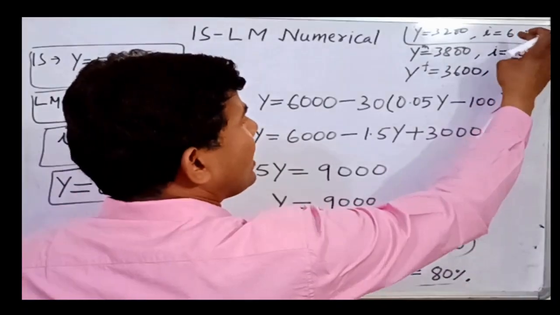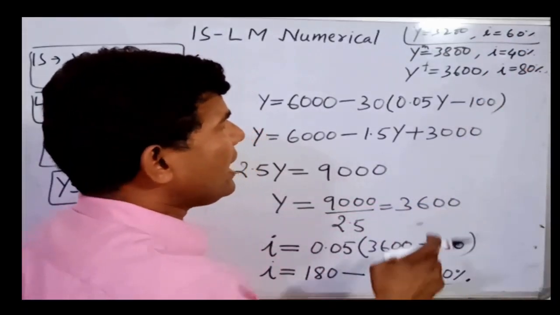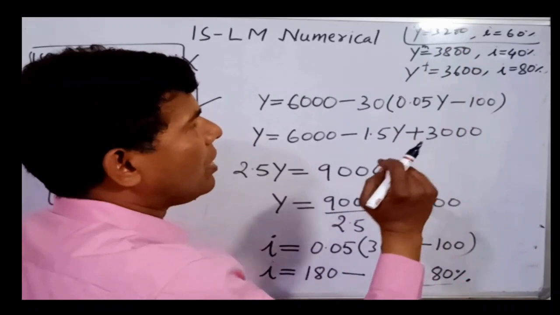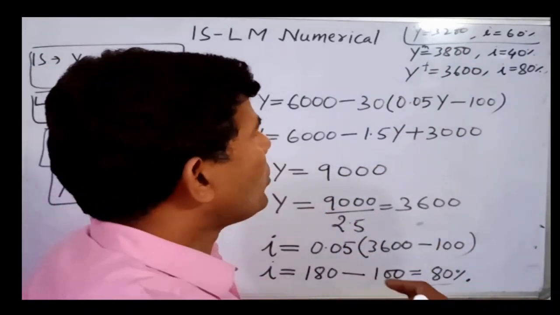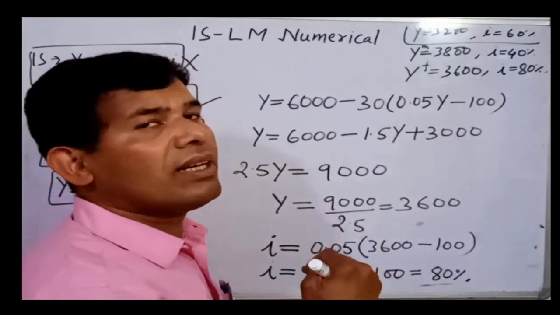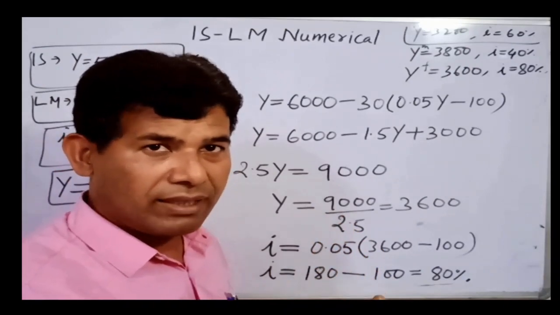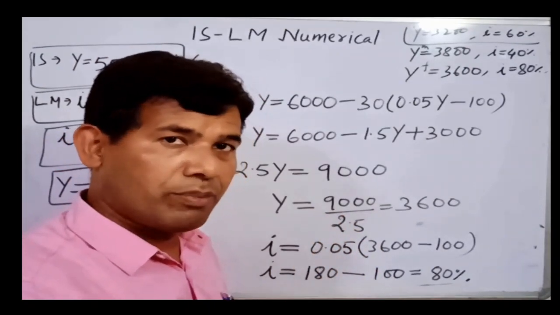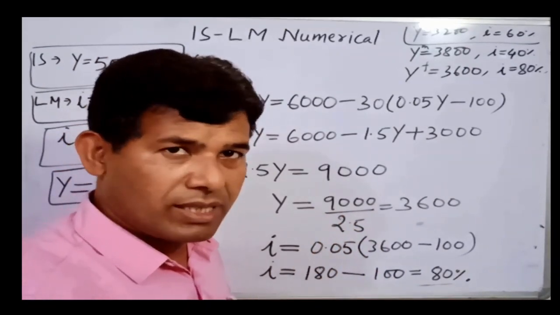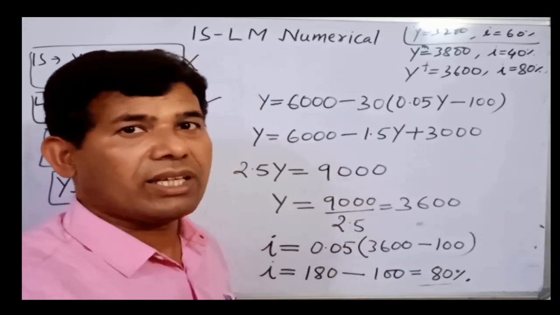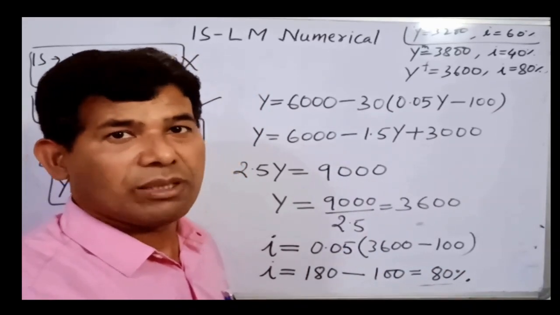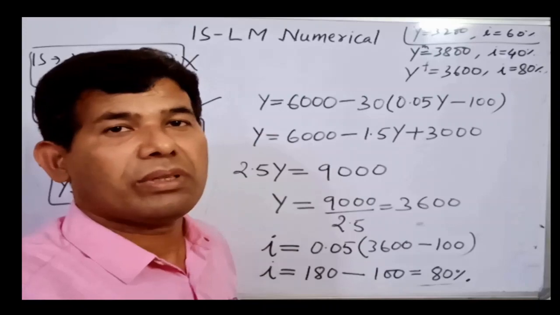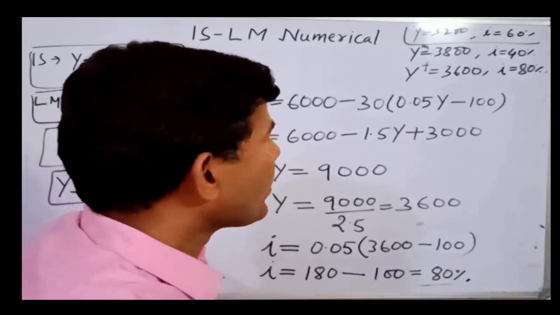Earlier it was 60, now it becomes 80. This is how numerical illustrations explain the role of monetary policy and fiscal policy in influencing the GDP level in the economy.